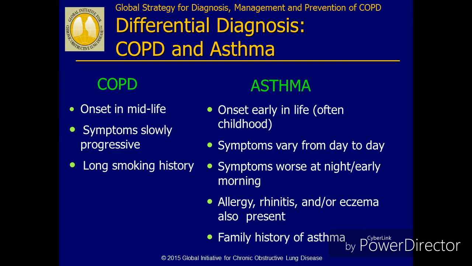The symptoms may vary from day to day, from season to season and year to year. Also in asthma there will be other features of allergy like rhinitis, eczema, or there could be a family history of asthma. And most important, in COPD there will be the history of exposure to pollution, or there will be history of heavy smoking.